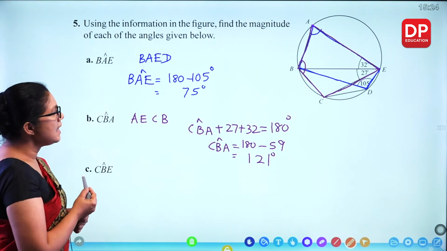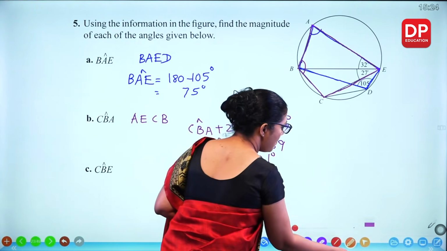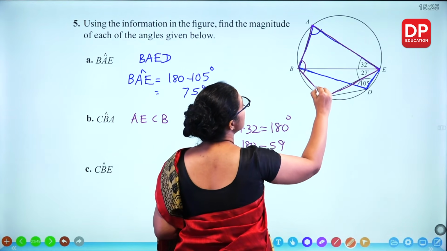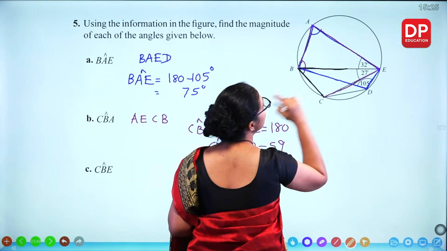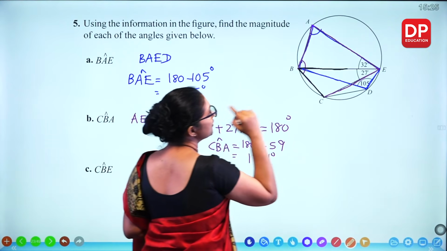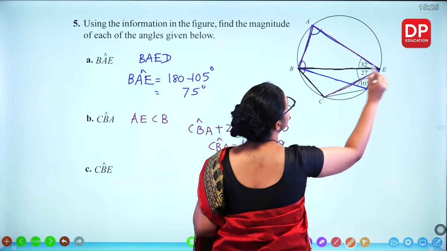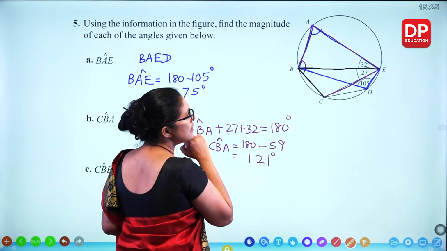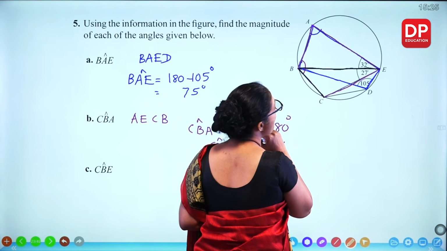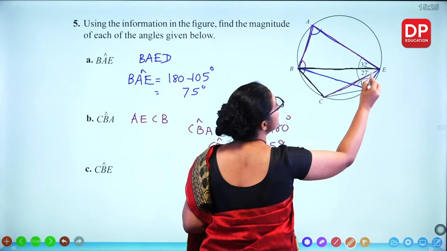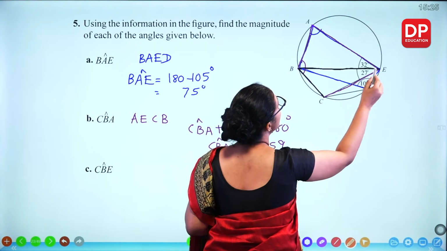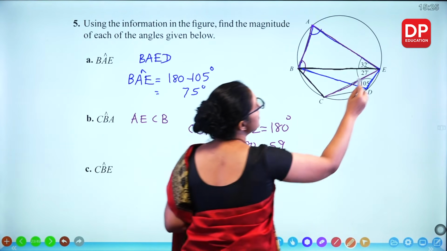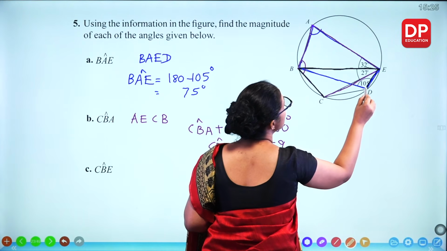Last one, CBE. Where is CBE angle? CBE, this angle. Which one can we take? Yeah, we'll take this one, CBE.